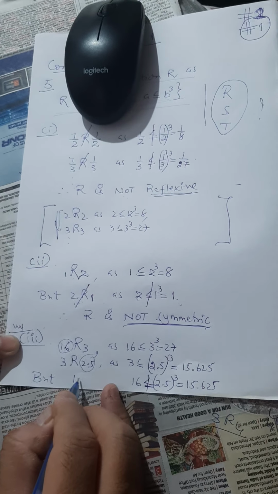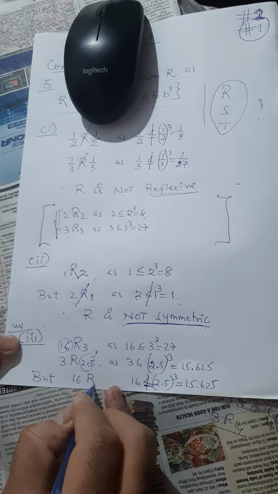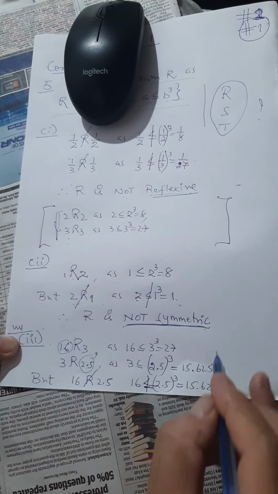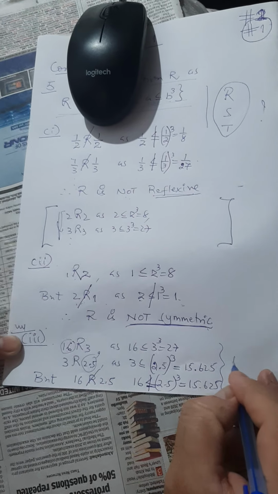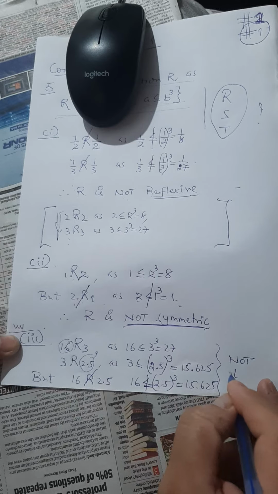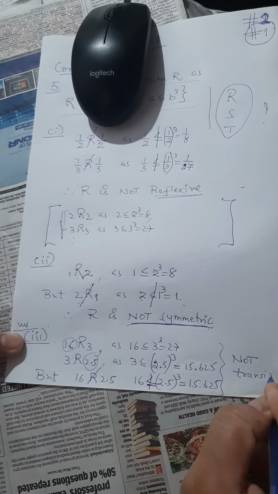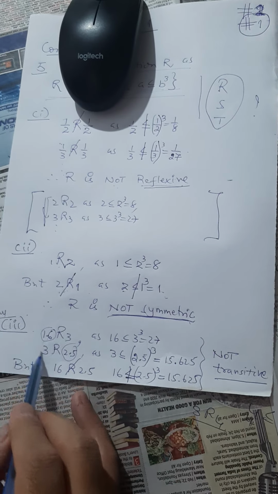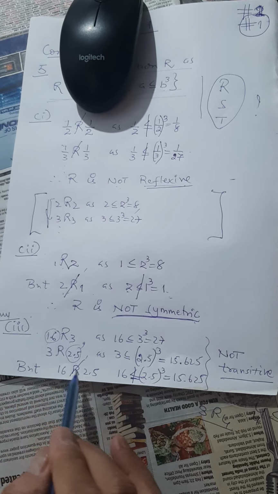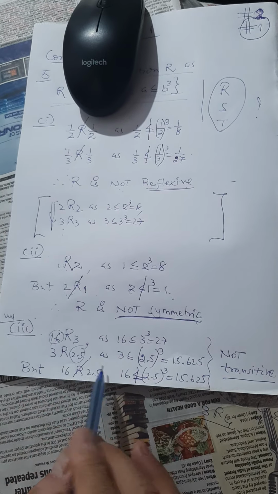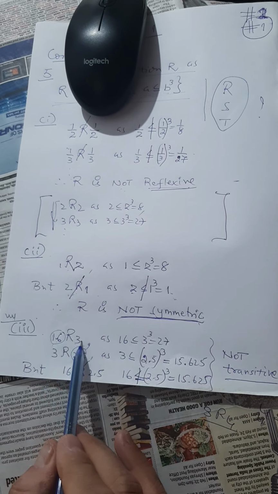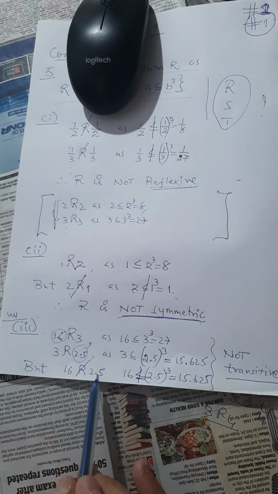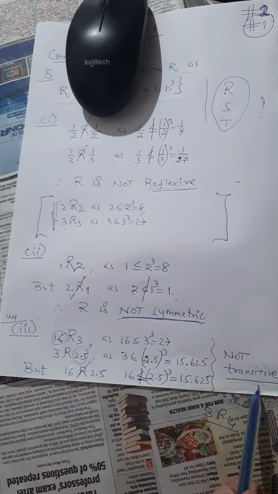So you can say that 16 is not related to 2.5. So from this example you can say that it's not transitive. This is just one example I have given. You can find many such examples. Only one example is sufficient: a related to b, b related to c, but a is not related to c, therefore it is not transitive.